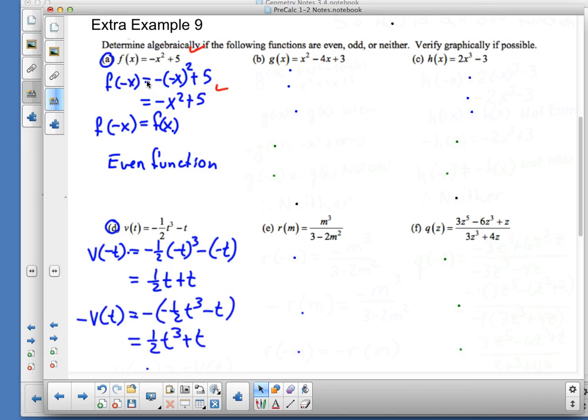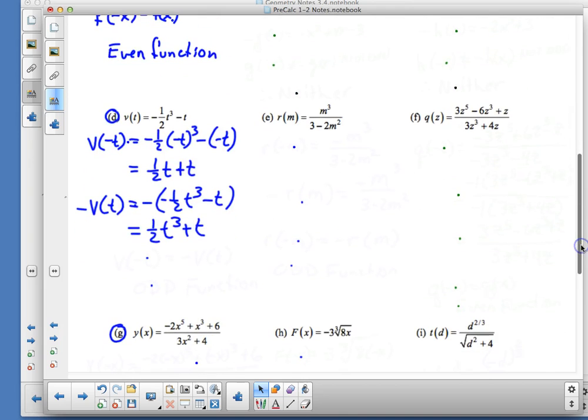So keeping in mind, if I took the opposite of the original function, my signs changed completely. This is the same. So I'm just doing that to make sure that you recognize the odd function as we go. We have other things to practice, and because of time, I'm not doing it today, but I'm going to encourage you to look at it on Monday because we're going to practice this again.